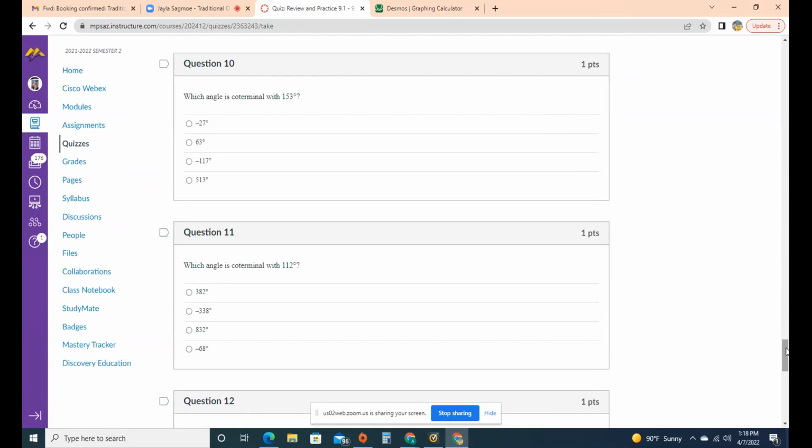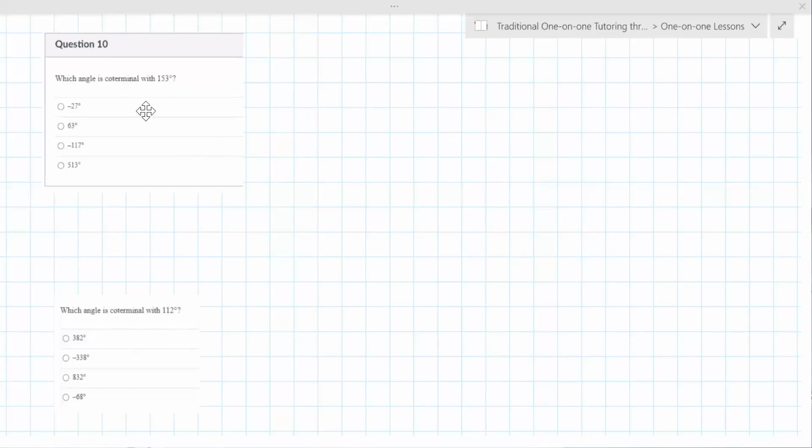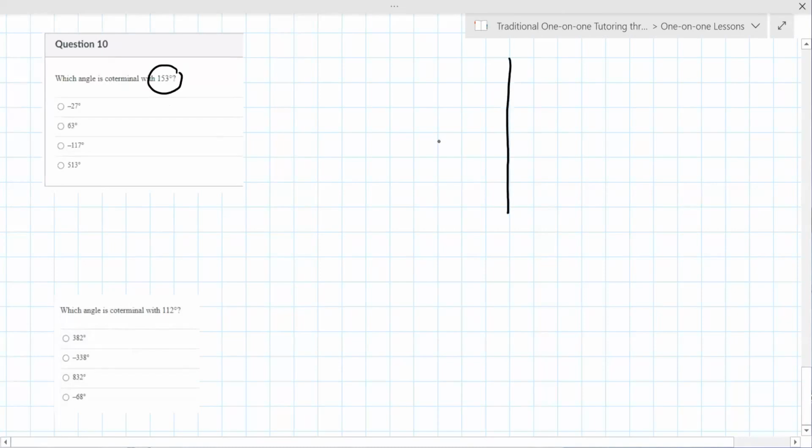Okay, so let me share my screen. So first thing is we want to have an understanding of where is 153 degrees on the unit circle. So for some reason, and I don't know the answer to this, but angle of 0 degrees is right here to the right. And so if you rotate in this direction, this is considered 90 degrees. And if you keep going, this is considered 180 degrees.